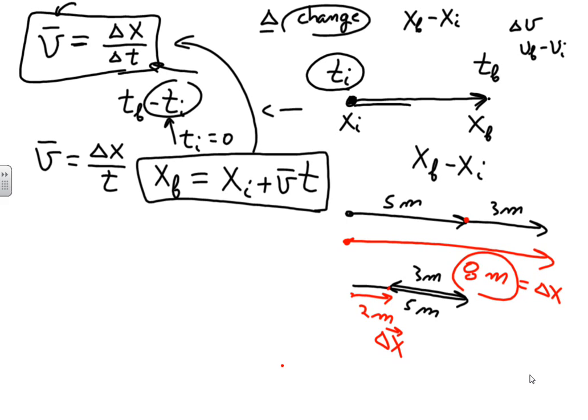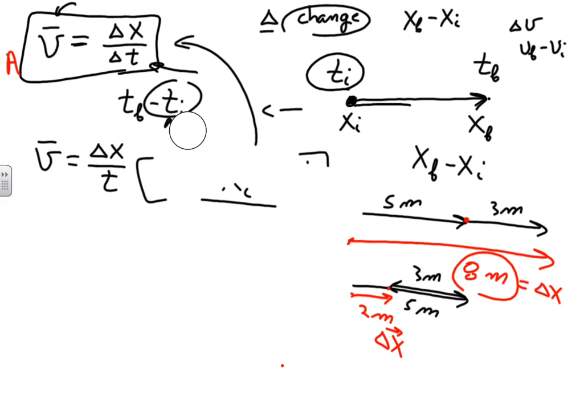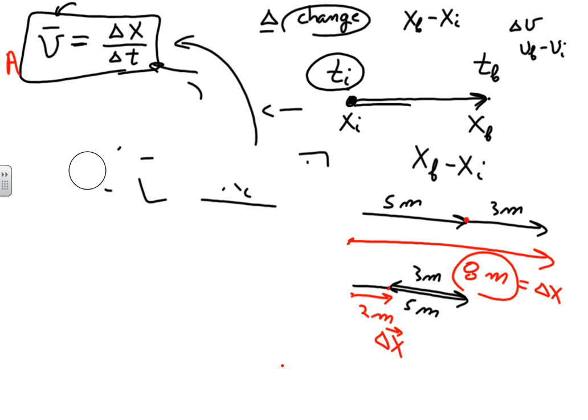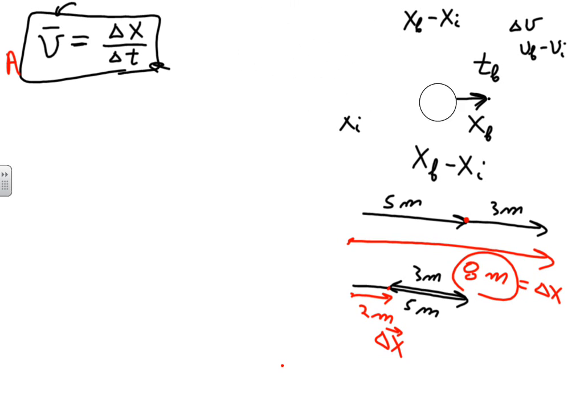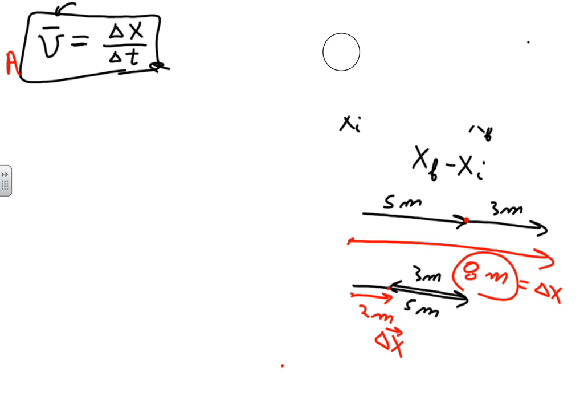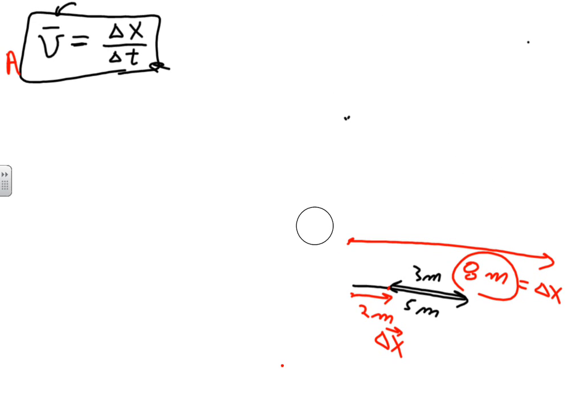They're the same. And we're going to affectionately call that equation A. Equation A is the definition of an average speed. So, the definition of an average speed is the total distance over the total time.